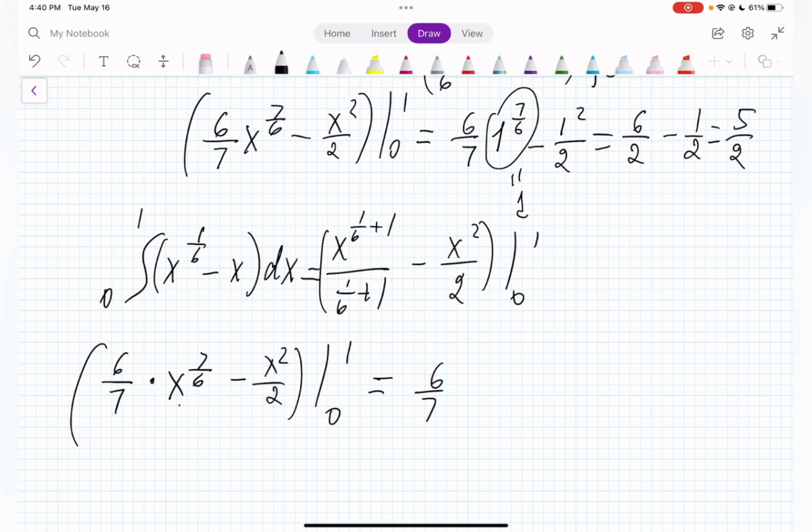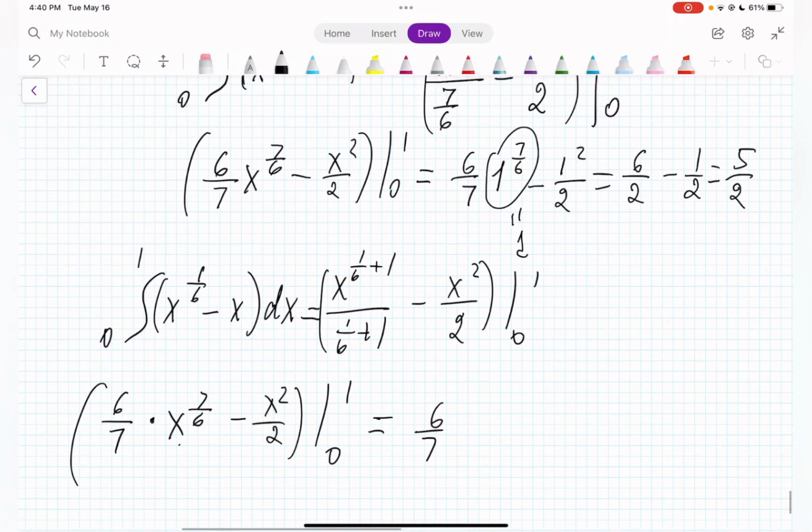So 6 over 7. Gee, here it's supposed to be 6 over 7. I'm pretty sure many of you noticed. Okay, 6 over 7 minus 1 half. Then, might as well, let's finish this one, huh? 6 over 7 minus 1 half.